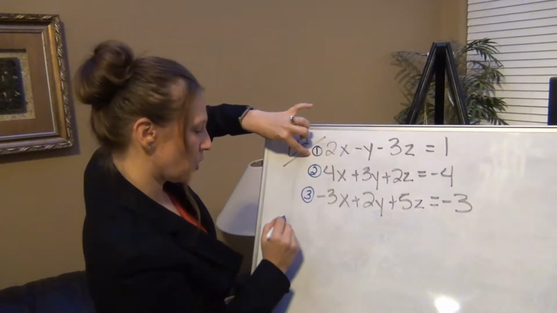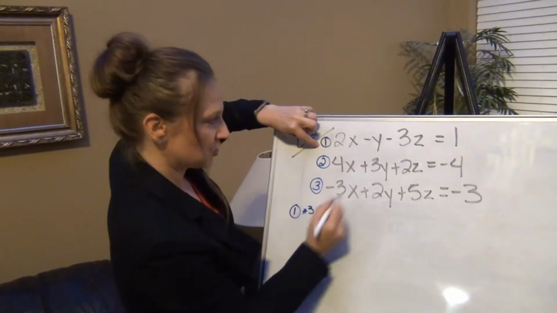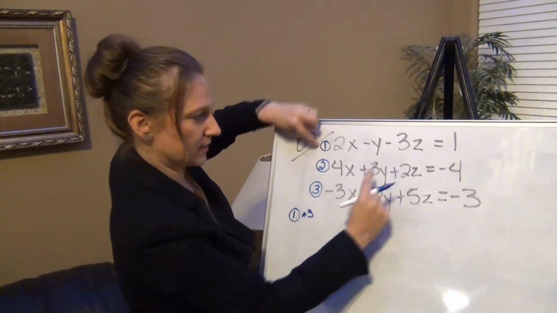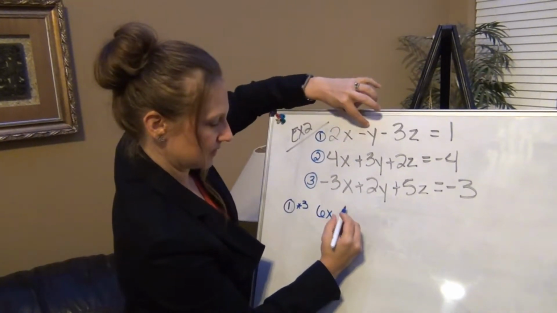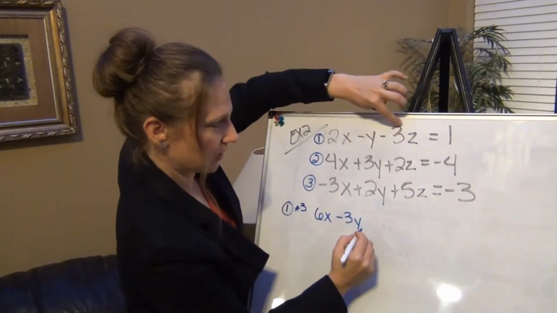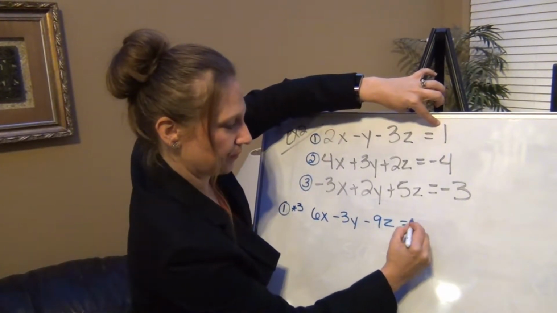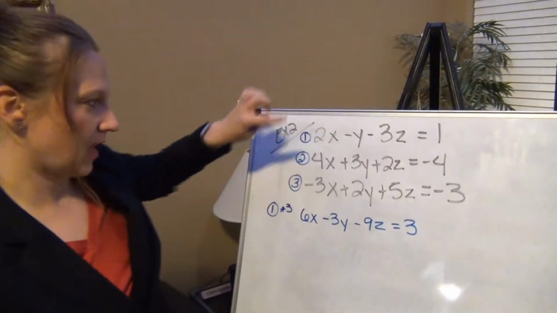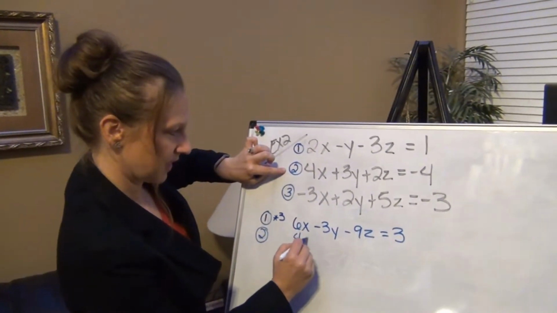So I'm going to take row 1 and I'm going to multiply it by 3 so that I can get these y's to cancel. So when I multiply by this 3, I'm going to get 6x minus 3y times 3 times 3. Okay, I'm going to copy row 2 down because I'm going to add these rows together.